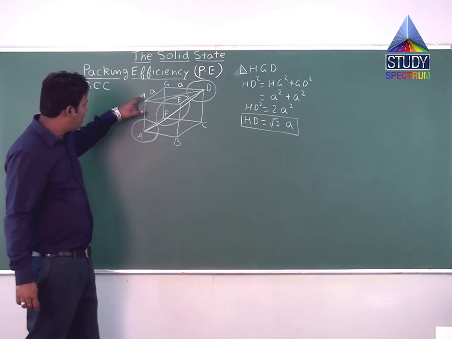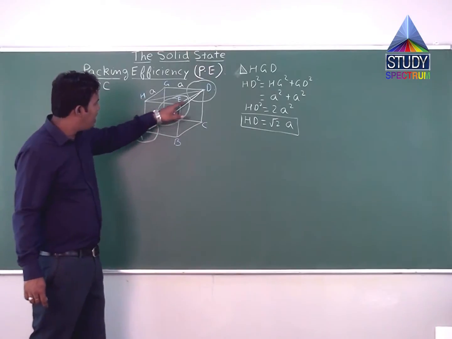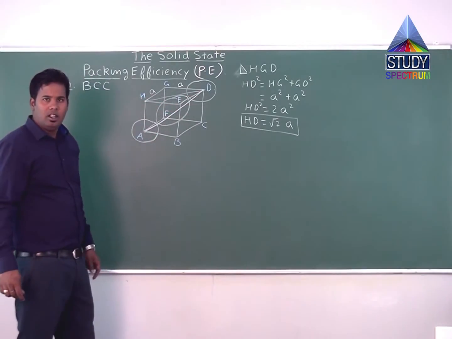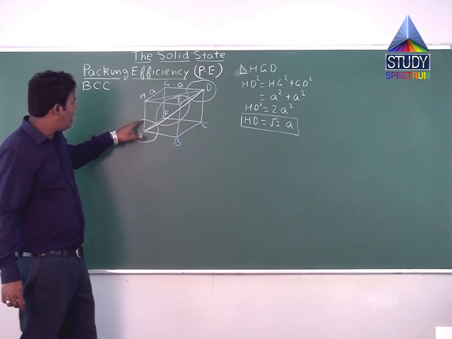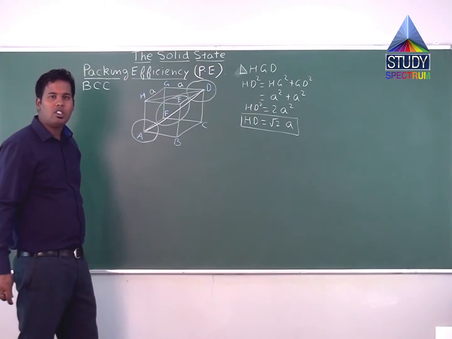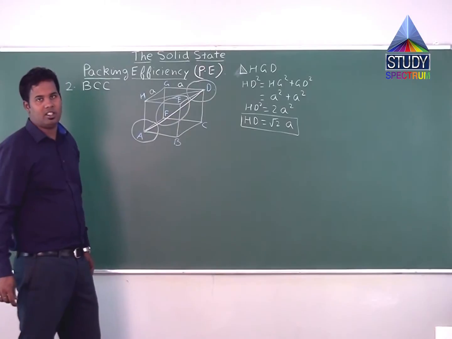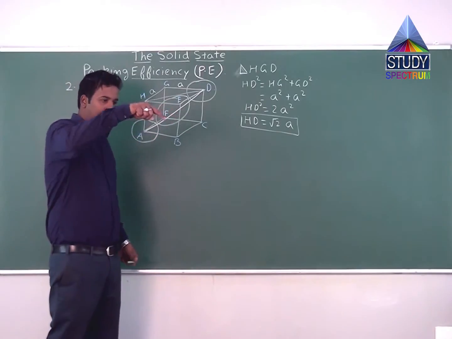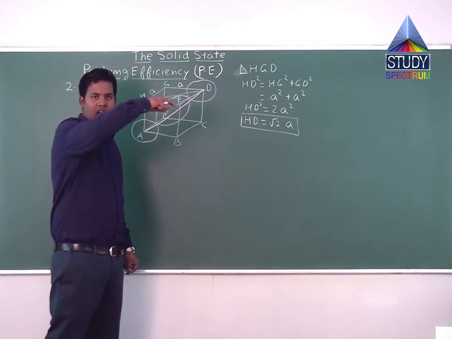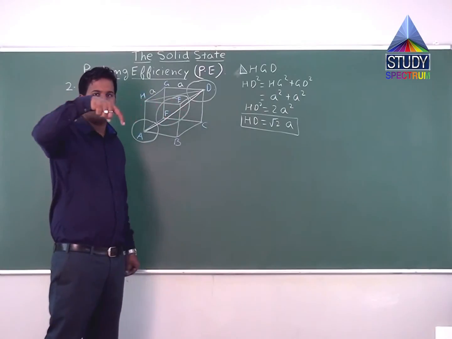Now if you see this triangle AHD, then the angle AHD is also 90 degrees. Why? Because they are perpendicular. The top face has the face diagonal, correct?